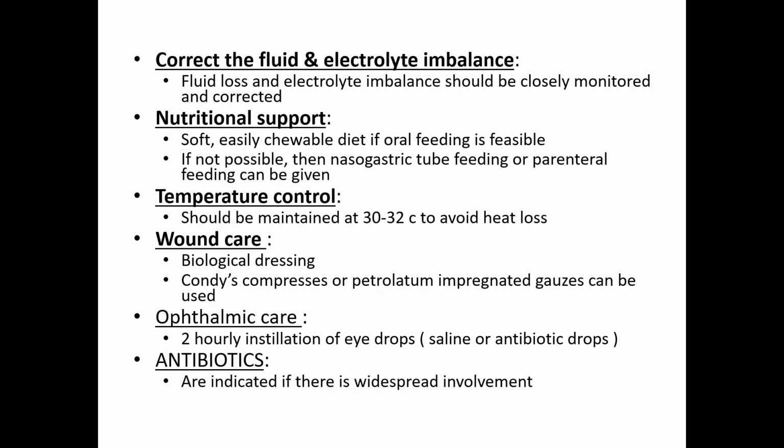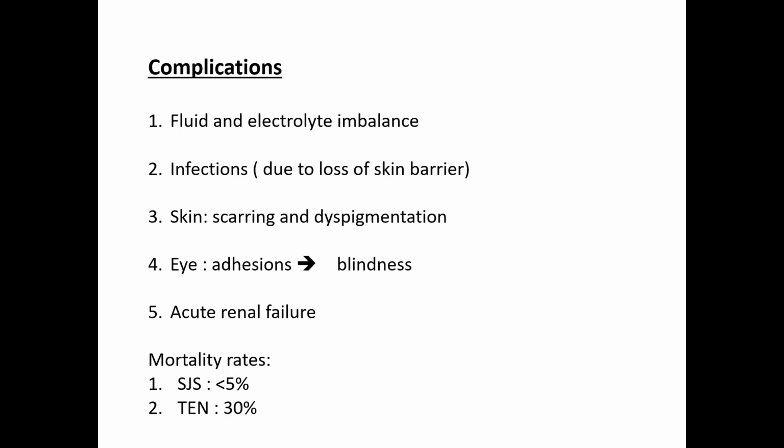For wound care, biological dressings, cold compresses, and petrolatum-impregnated gauze can be used so that it does not stick to the skin when you remove it. Ophthalmic care is again important, because it might lead to blindness. If needed, you should give antibiotics.